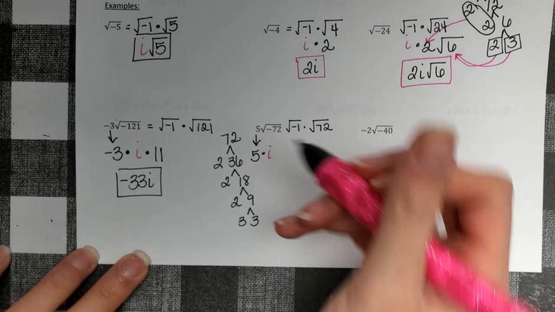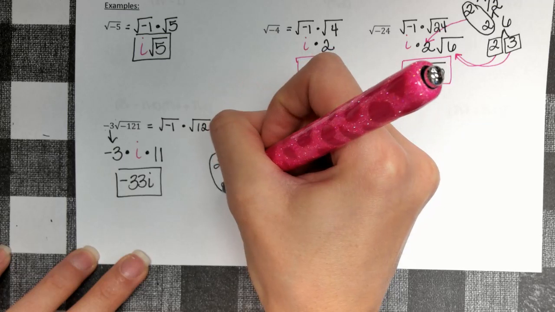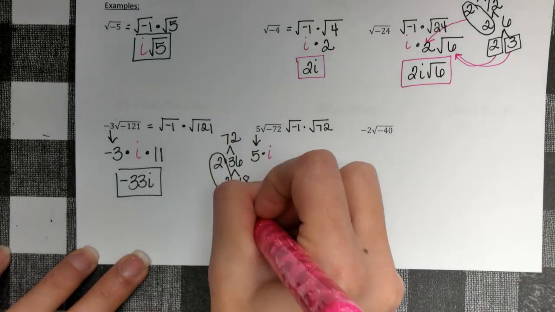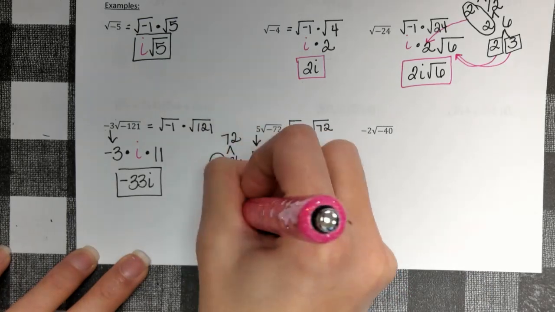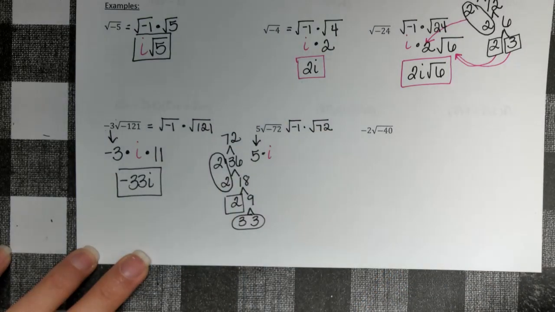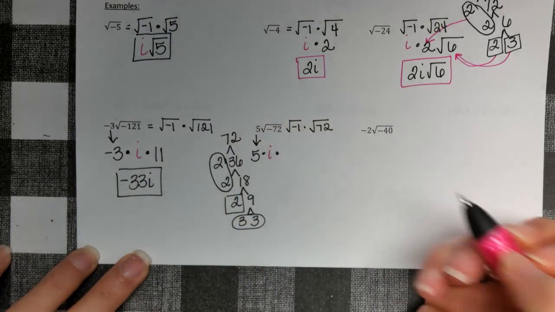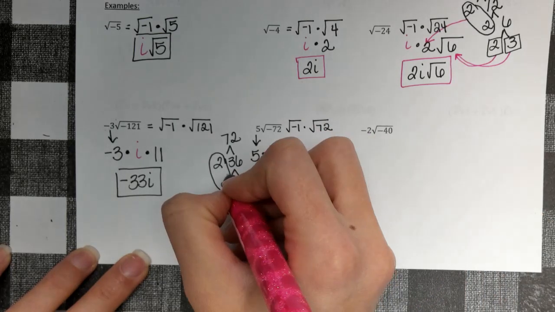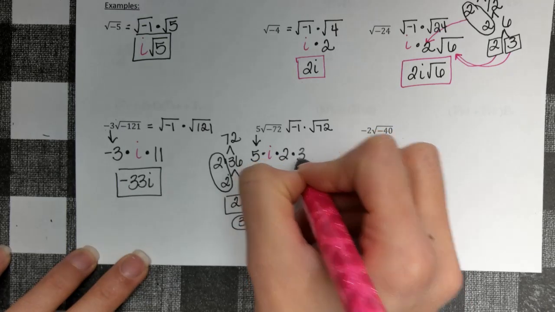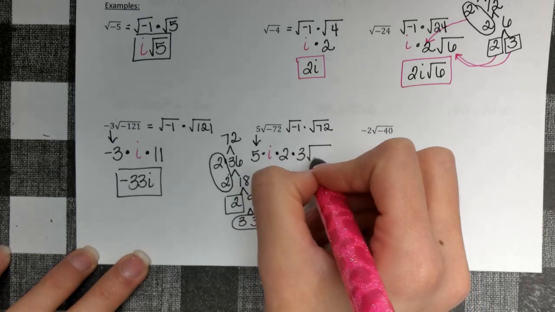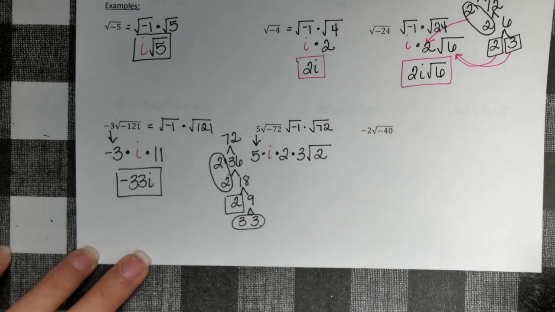Okay? So I have a pair of 2's and a pair of 3's, and this 2 left over. So I've got 5 times i times this 2 that I paired times this 3 that I paired, square root of the 2 that's left over.